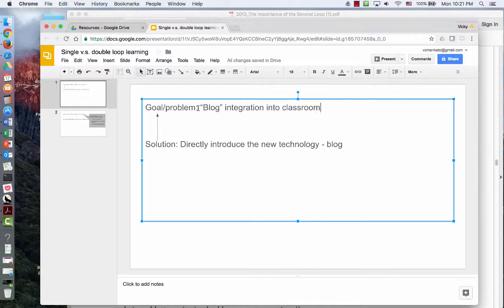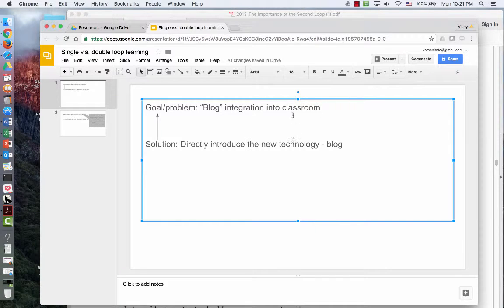In our case, the goal of those instructors is to successfully integrate the new technology into their classrooms, and the technology is blog. So what they did in the first round of implementation was just directly introduce that technology in their courses and require the students to use it in class.